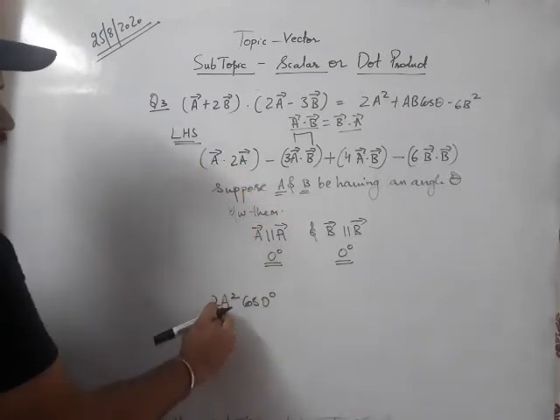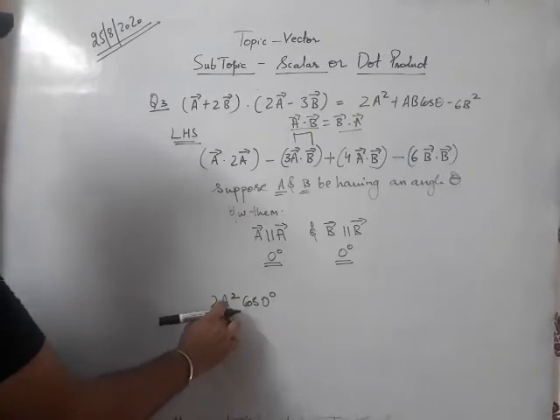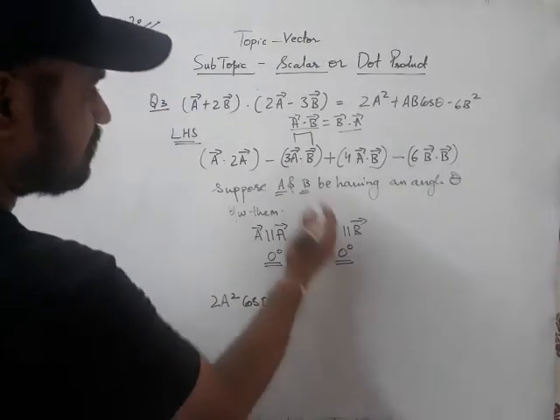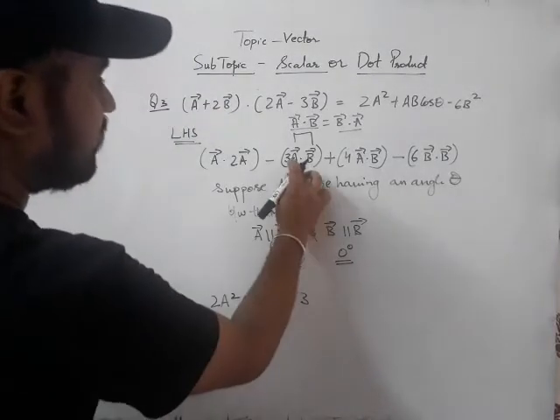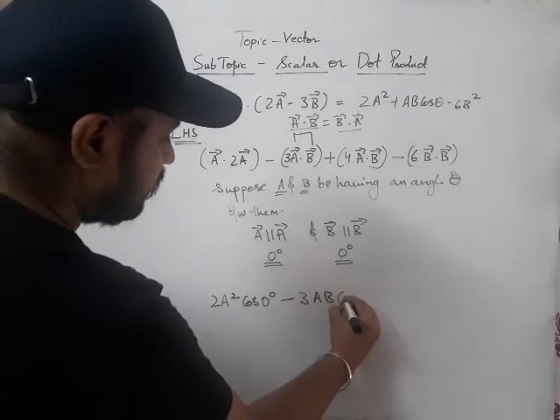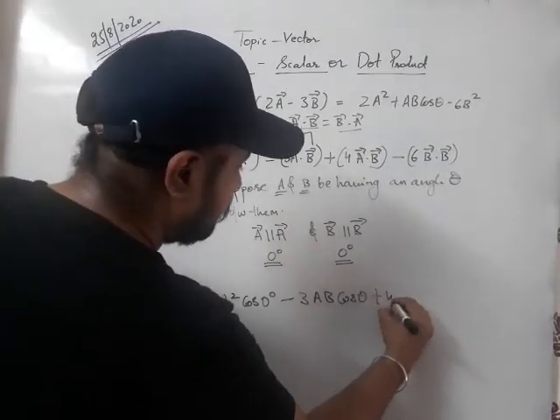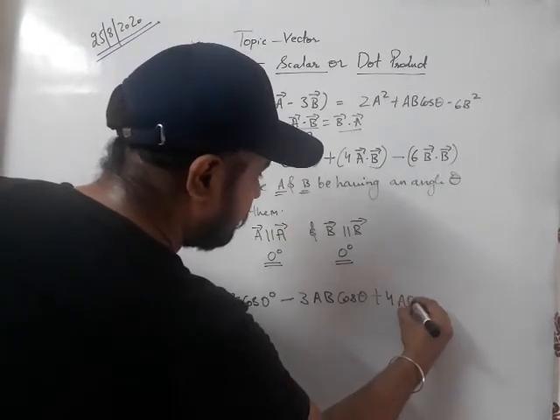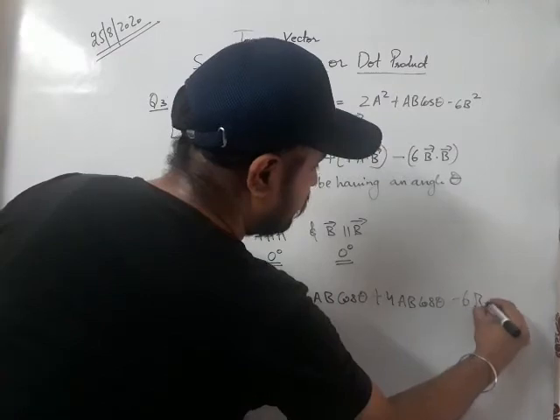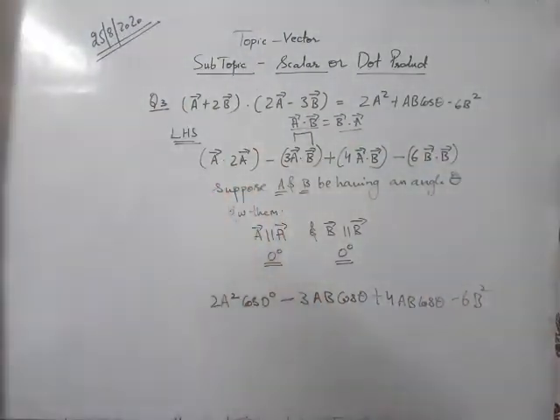So A vector magnitude is A, 2A magnitude is 2A, so A into 2A will be 2A square cos theta, minus of 3 is constant, so it will be written as it is A dot B. A's magnitude is A, B magnitude is B, into cos of theta between them, plus 4 again AB cos theta, and here it is 6B square. Why? Because B vector and B vector modulus will be B square.